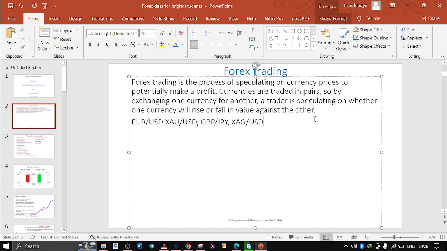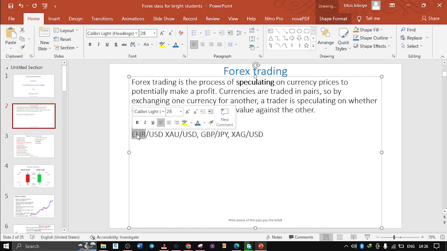Now, when we anticipate that the euro is going to gain value generally, we are going to look at buying this pair. But when we see that the US dollar is going to gain strength generally, we are going to look at selling this pair.